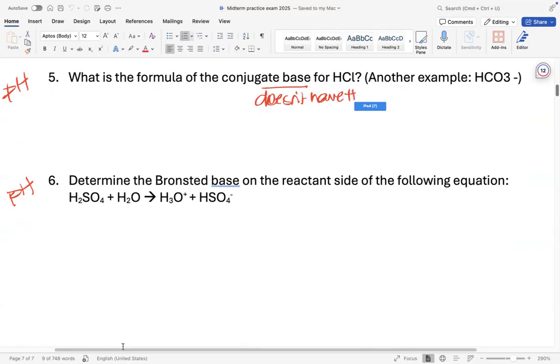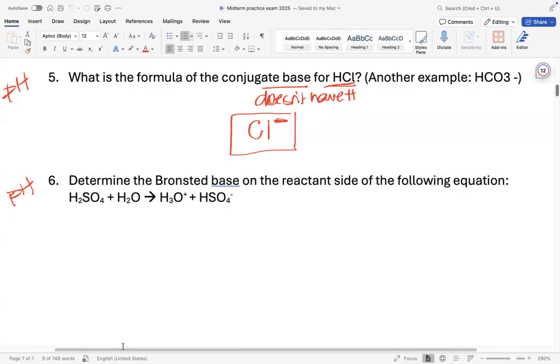Right now HCl is an acid, it has that hydrogen. So the conjugate base would be when it loses it. So it'd be Cl. Because that H is positively charged, and HCl is neutral, if I take away a hydrogen from it, it's going to become negative. So Cl minus would be the conjugate base.